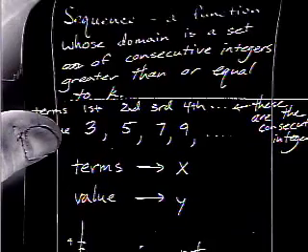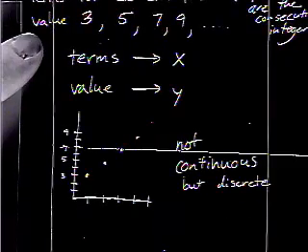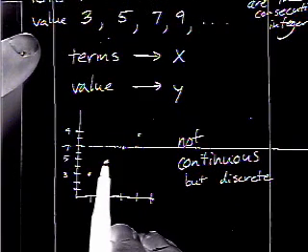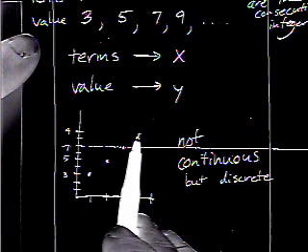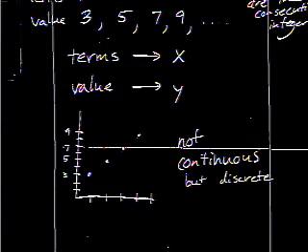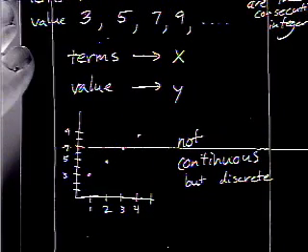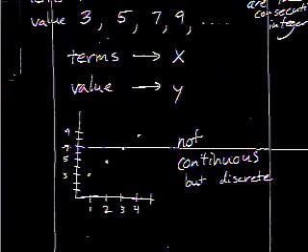Now, it's not a continuous function like what you're used to dealing with. It's a discrete function, meaning that there's lots of space in between each of the points. First term is 3, second term is 5, third term is 7, fourth term is 9. But you cannot connect the dots on the graph because they do not connect. There's nothing in between them.